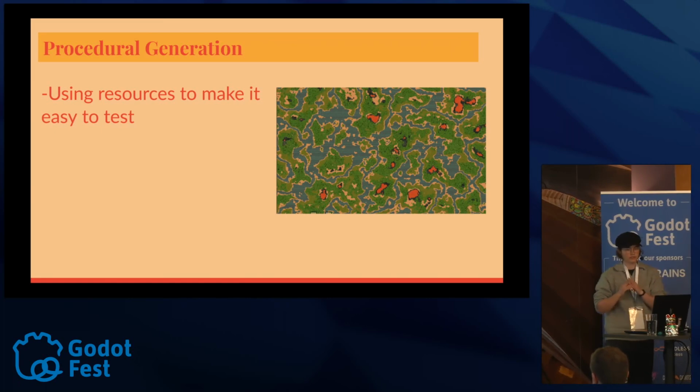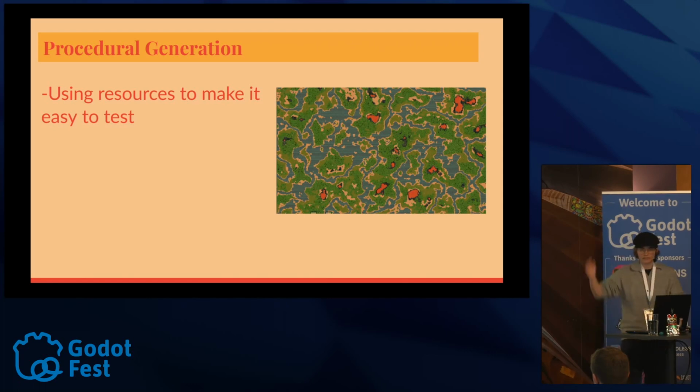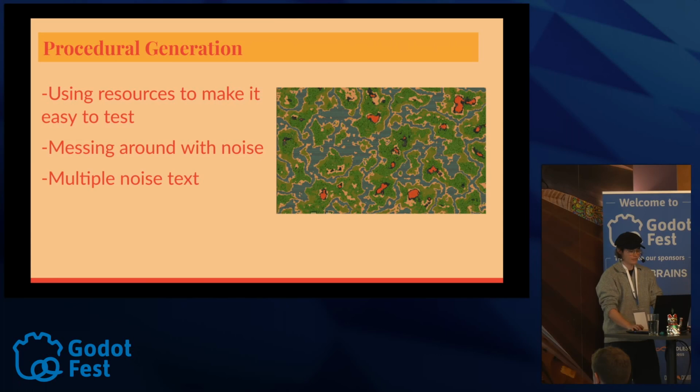So it's always good to use the noise resource. You just go in Godot, get a texture 2D, and then add a fast noise lite, and then mess around with the variables, and just try to get the things you want.